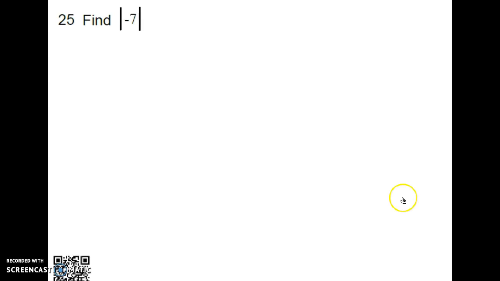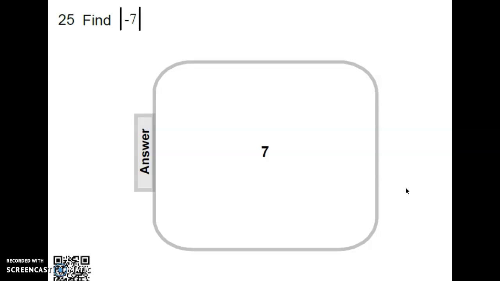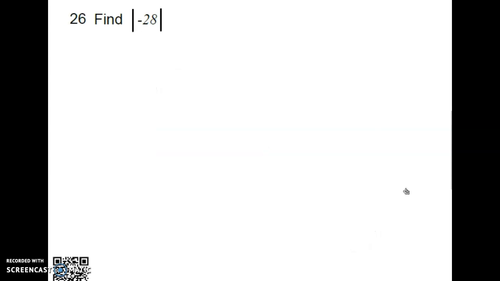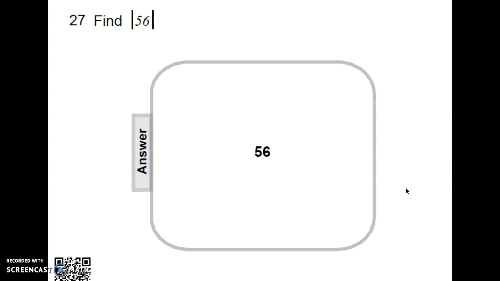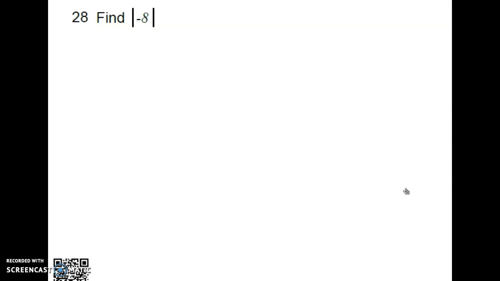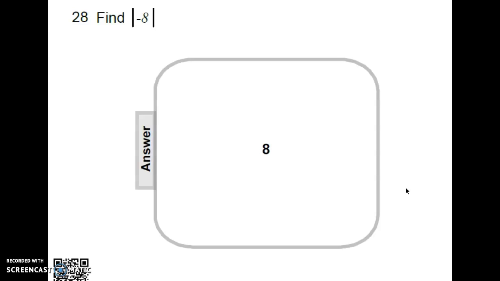Find the absolute value of negative 7. It would be 7. The absolute value of negative 28 is 28. The absolute value of 56 is 56. The absolute value of negative 8 is 8.